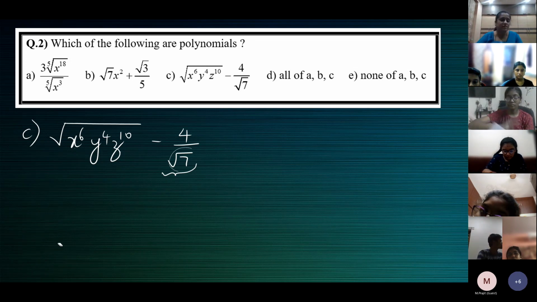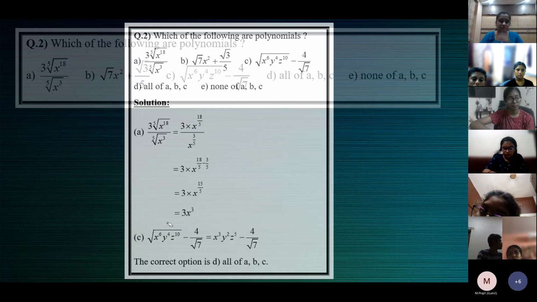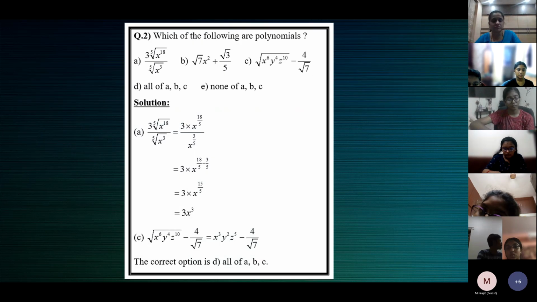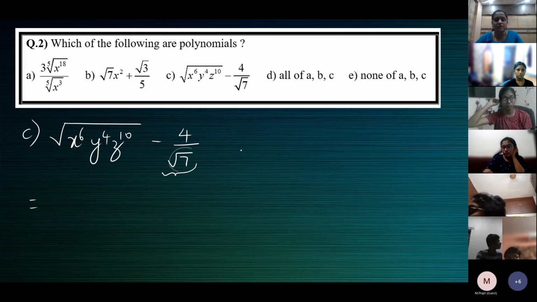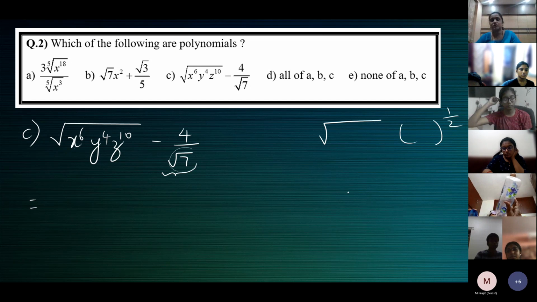Yeah. So you can simplify like this. Let me show you in the answer slide. I've not written the step there. Now we know that when you remove the square root symbol, you need to raise the base to the power 1 by 2.